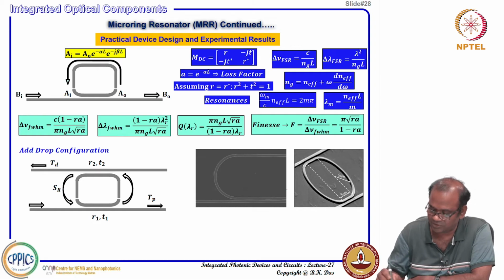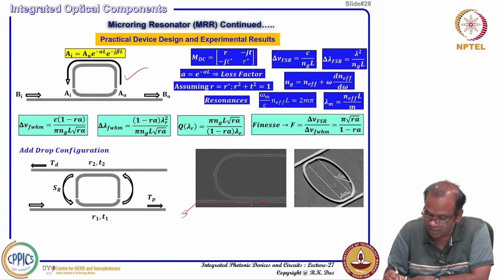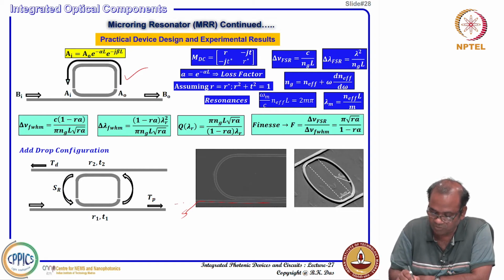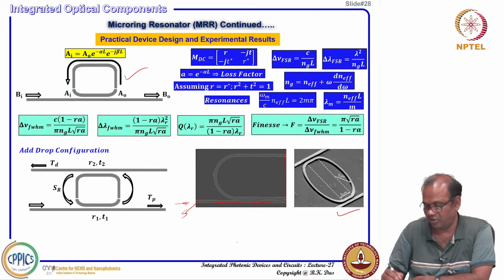So, here are some pictures. This is the bus waveguide, this is a fabricated device in our lab actually. You see this is the racetrack waveguide, something like this it is designed, and these two waveguides are coupled. Light you launch here, it will couple, and one half is shown here because you could zoom and see the waveguide things. And another add drop configuration we have taken from literature.